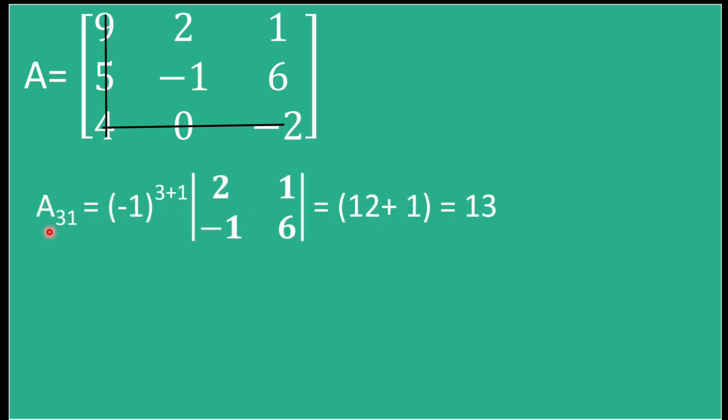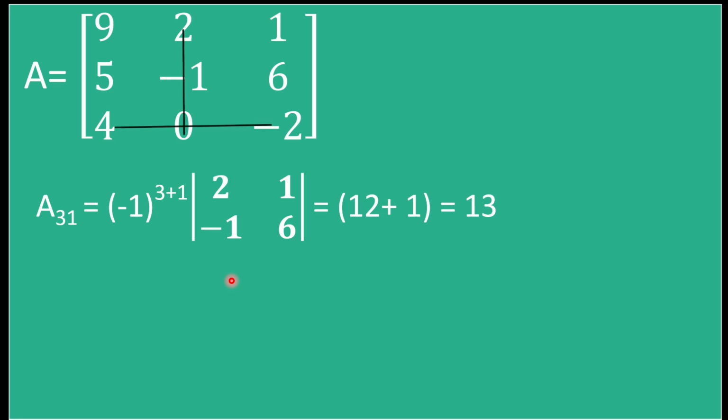So for A31, we will write minus 1 power 3 plus 1 over here, and we will write here 2 and 1, and minus 1 and 6. So now we will multiply this, so it will become 12 and this will become minus 1. And because of minus over here, minus minus will become plus, so it will equal 13.